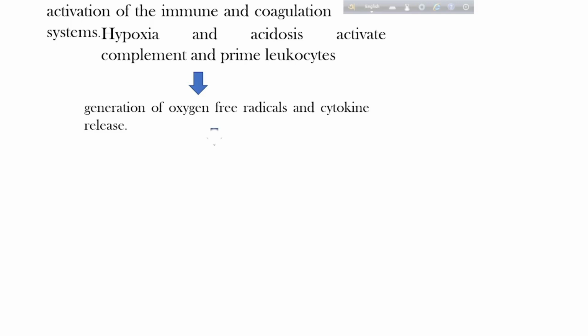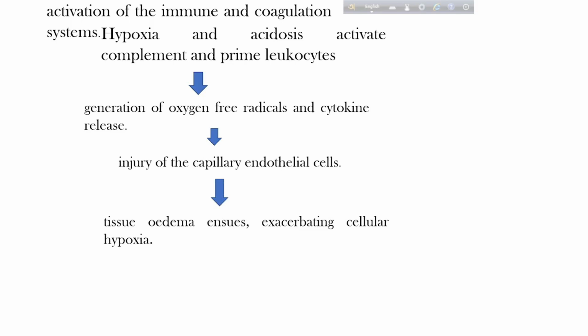As a result of these events, there is injury of capillary endothelial cells, and as a result of this injury, tissue edema develops, and all these events exacerbate cellular hypoxia.